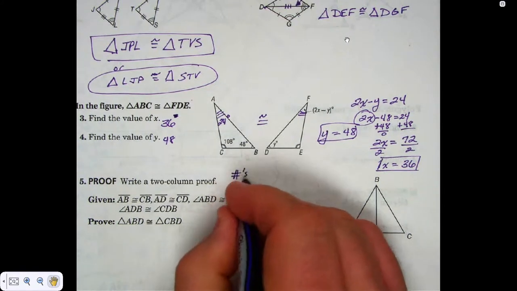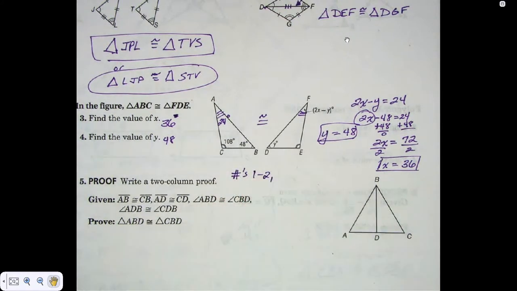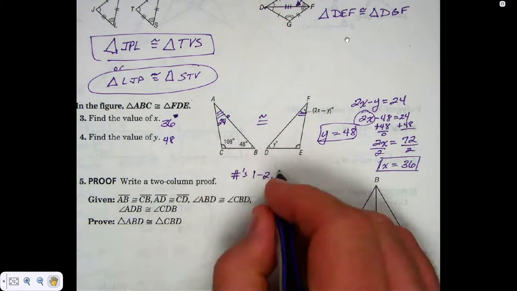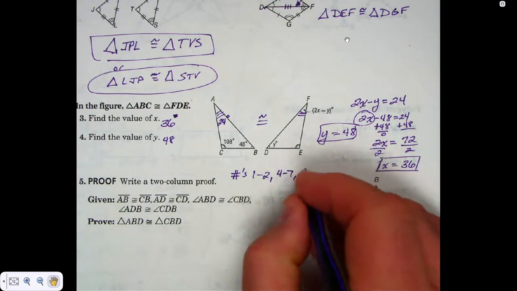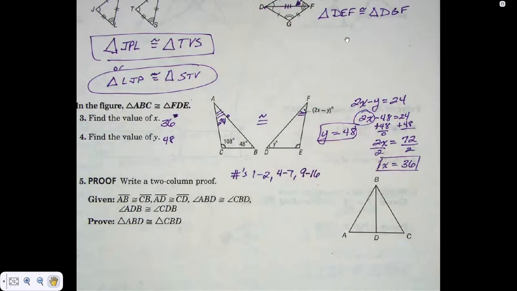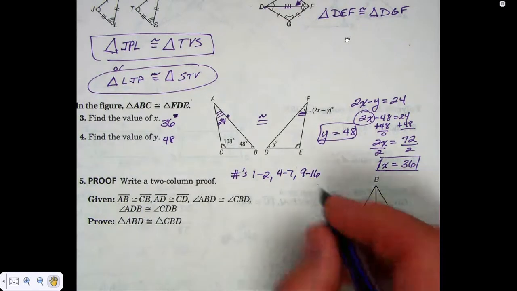We're going to do, and this may be different, in fact I'm pretty sure it's going to be different than Canvas, so I'll have to change it: 1 and 2, 4 through 7, 9 through 16, and 18 through 20.